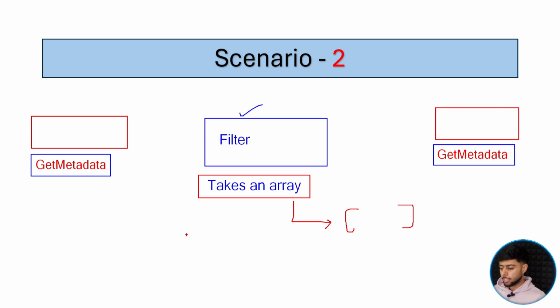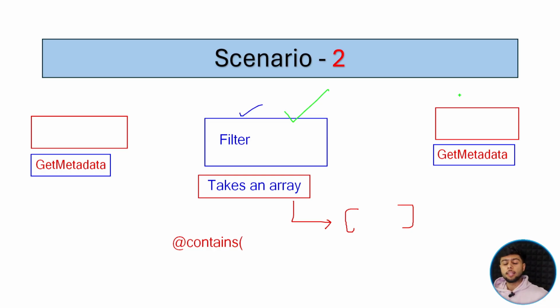Simple. And technically speaking, we'll simply use a function called contains. First of all, in the filter, just tell me one thing: which array do we need to feed, the get metadata of the source side or the sink side? You have 3 seconds, just think.